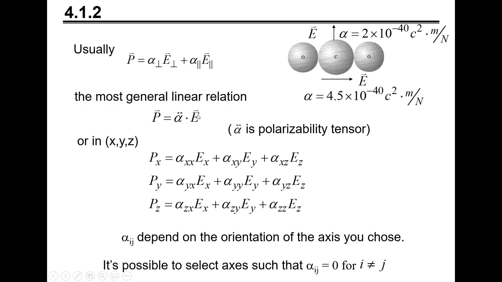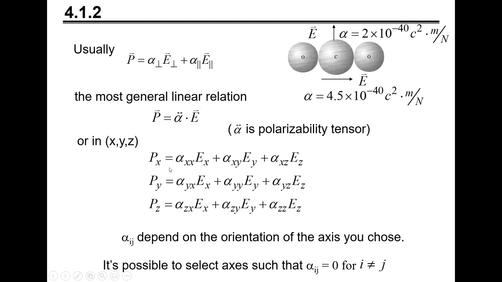Now for a completely asymmetrical molecule, so carbon dioxide is symmetrical, okay? But for a completely asymmetrical molecule, the equation P is equal to alpha E will be replaced by this most general linear relationship.